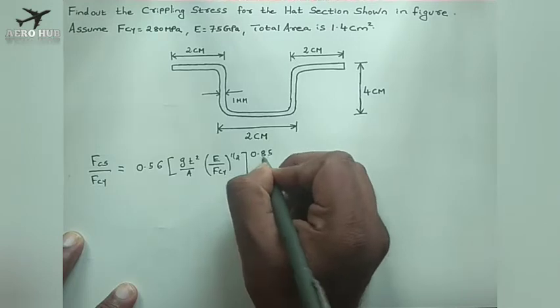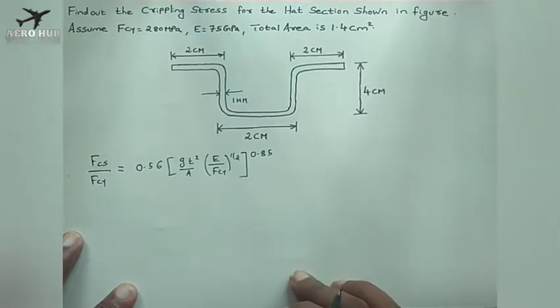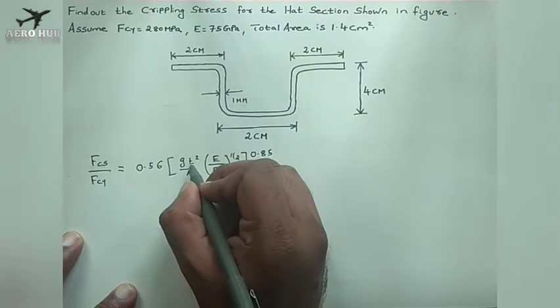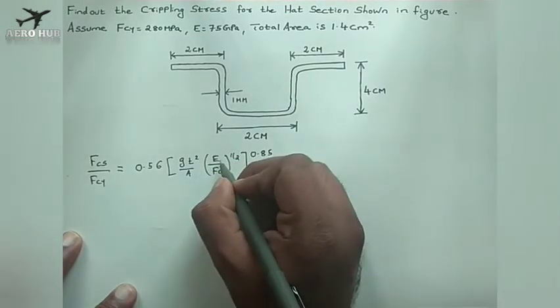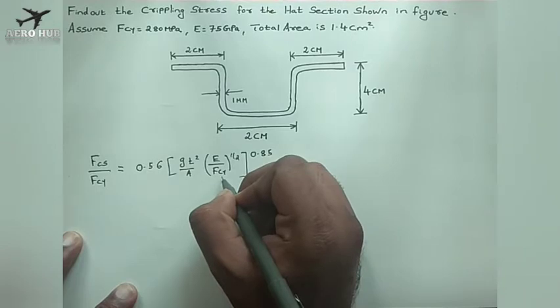This is the equation we are using to find out the value of crippling stress. And we know that T is the thickness, A is the area, E is Young's modulus, and FCY is the compressive yield strength.